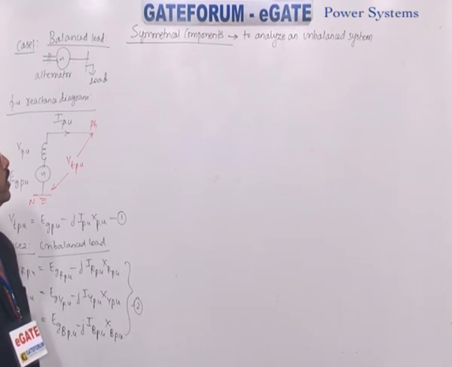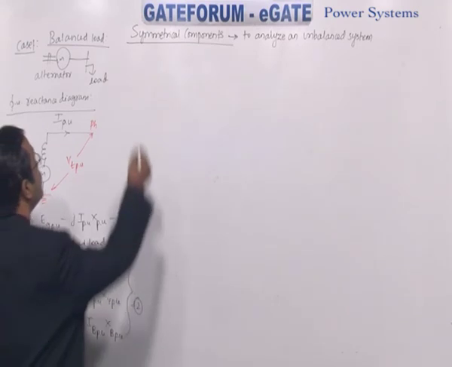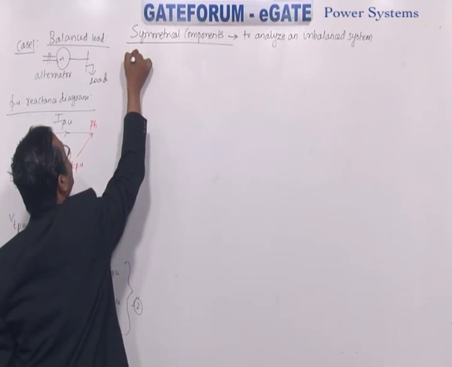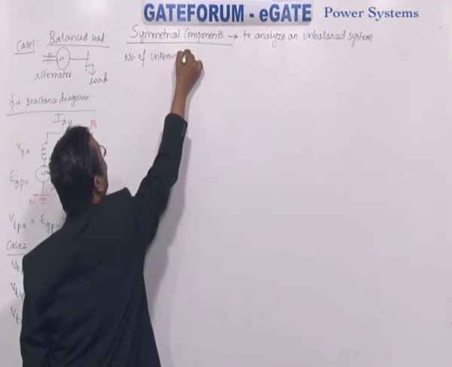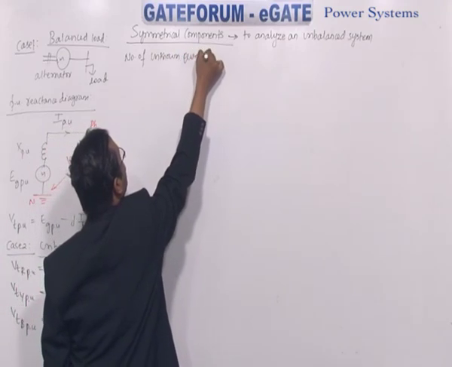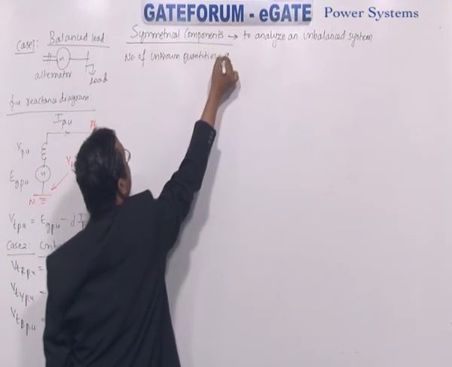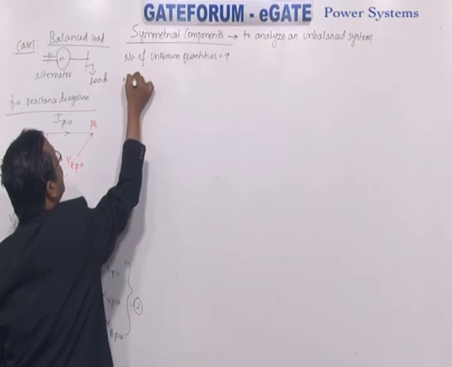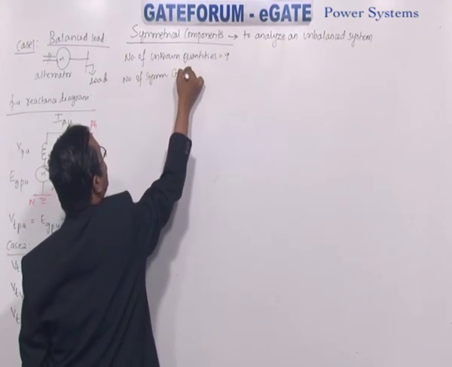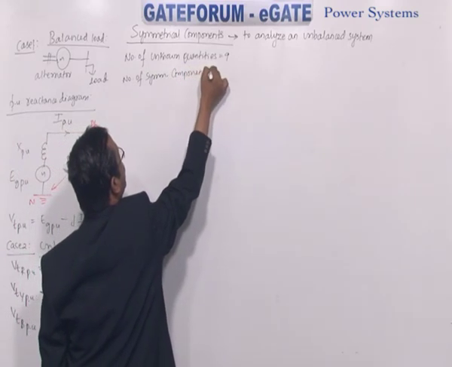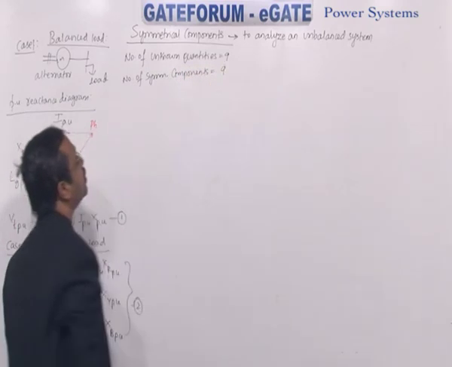For that, we have to develop 9 symmetrical components. So the number of unknown quantities is equal to 9, and therefore the number of symmetrical components is also 9.